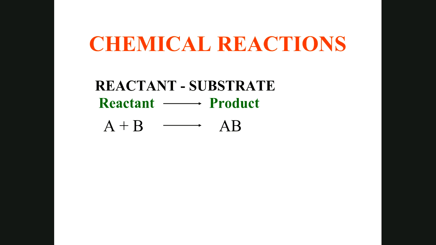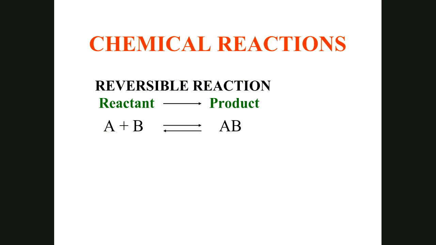You have reactants like sodium and chlorine make a product, sodium chloride. This is how you write the reaction down linearly like this. You could put H2 plus 1/2 O2 makes H2O. You can put H plus Cl makes HCl, hydrogen chloride for hydrochloric acid.